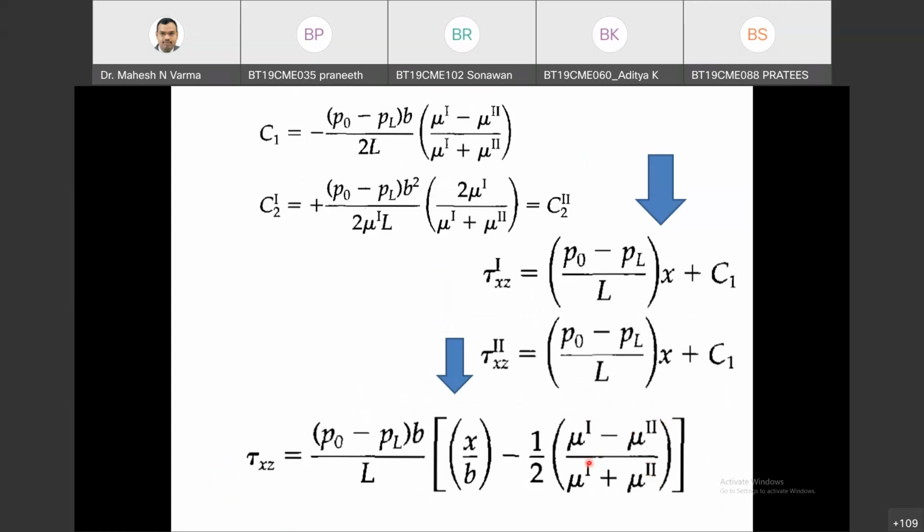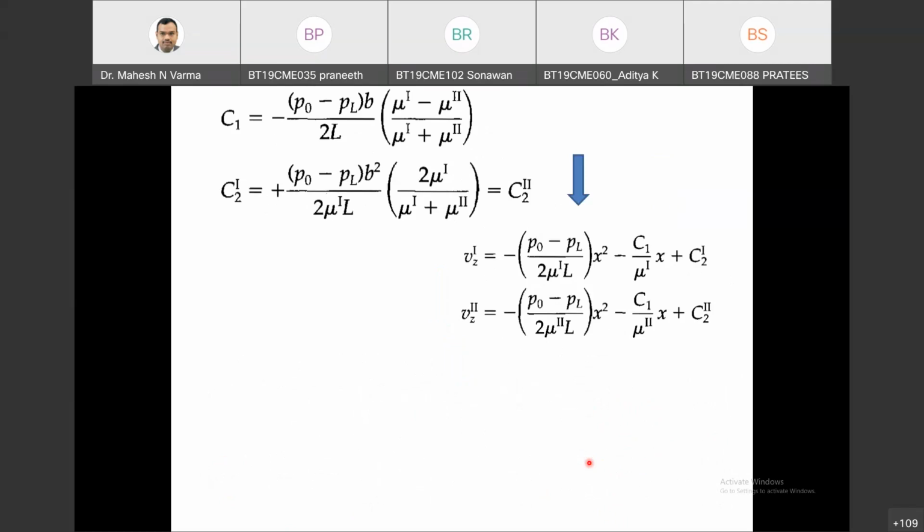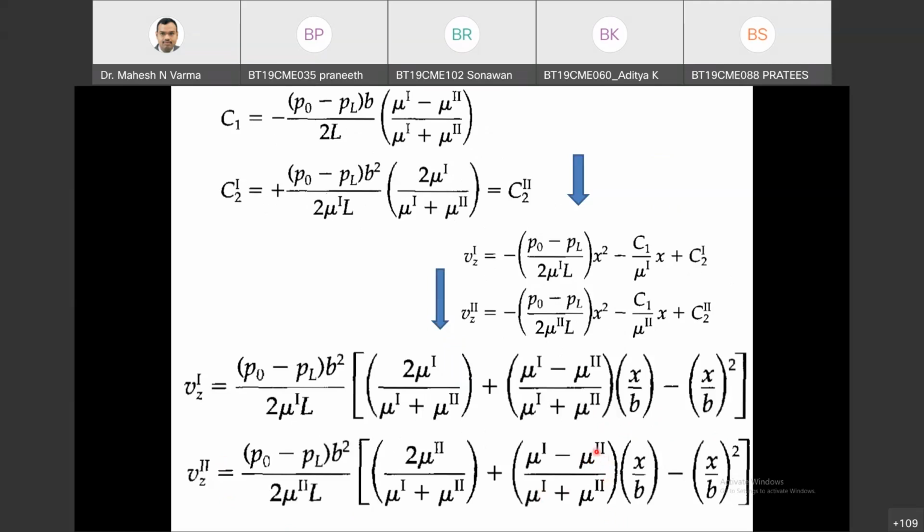Then when viscosity relates flux with velocity, that time it will be different. That is why you will get a different velocity profile for phase 1, valid from minus b to 0, and a different velocity for phase 2, valid from 0 to plus b.